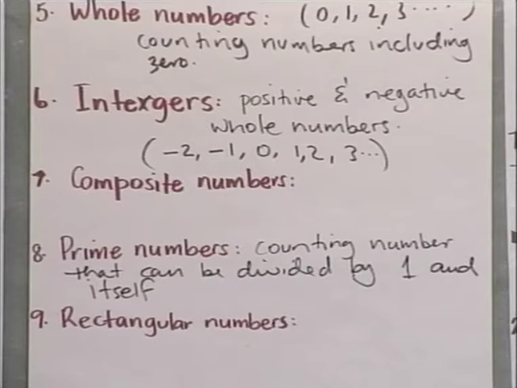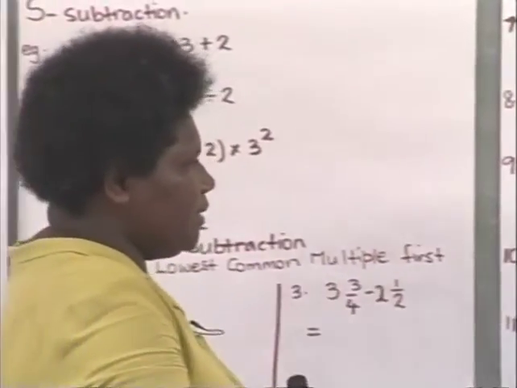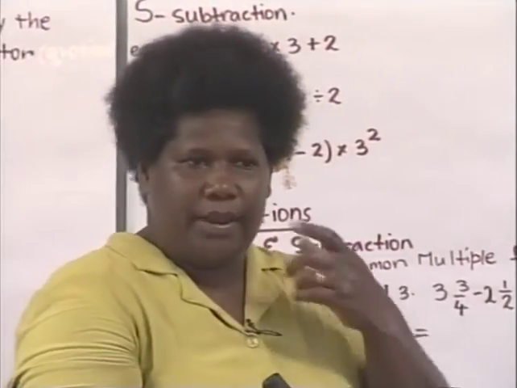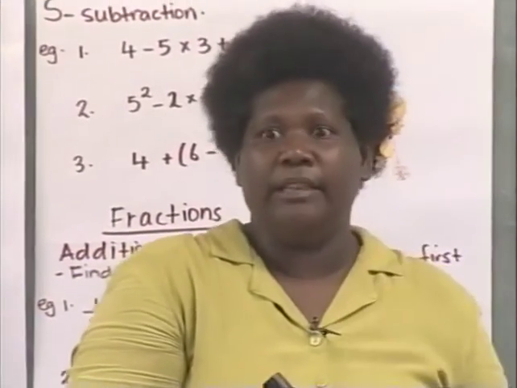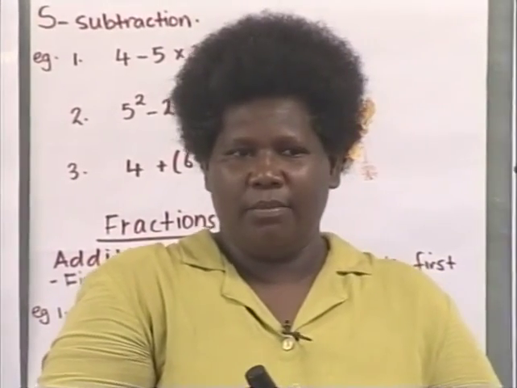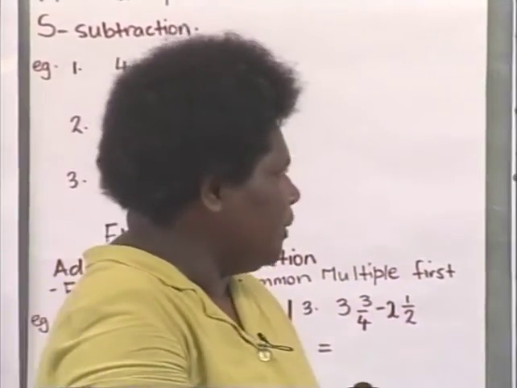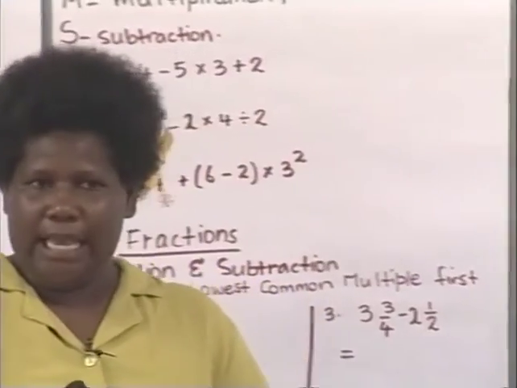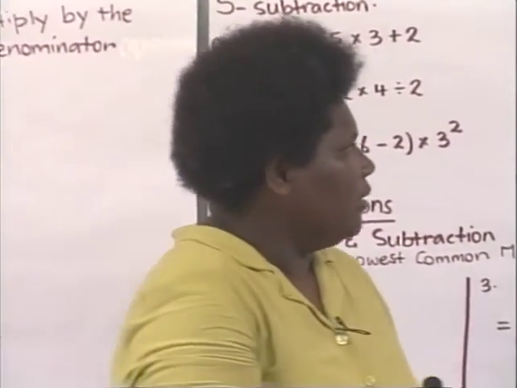Yes. What is the next prime number? 3. Okay. So you all know what prime numbers are. 1 is not a prime number, but 2 is the only even number that is a prime number because it can only be divided by 1 and itself.